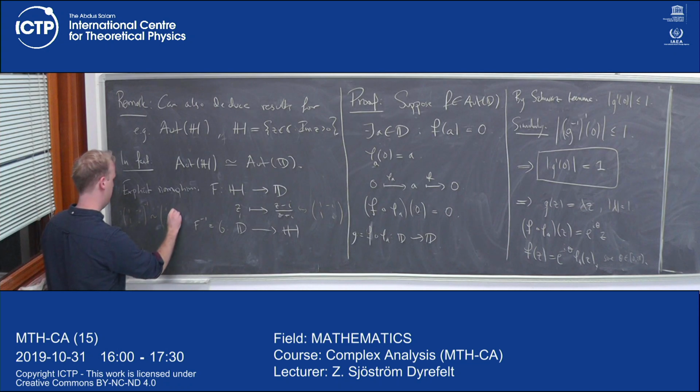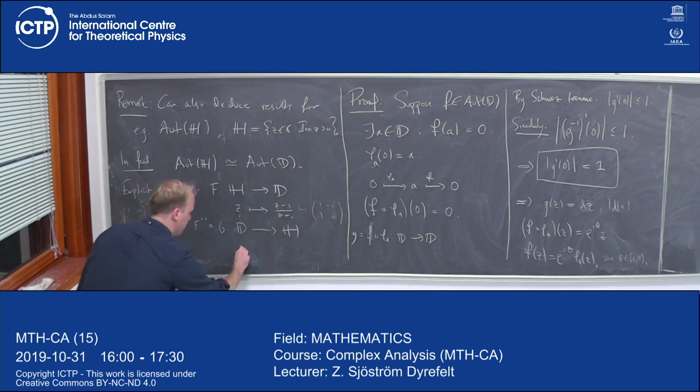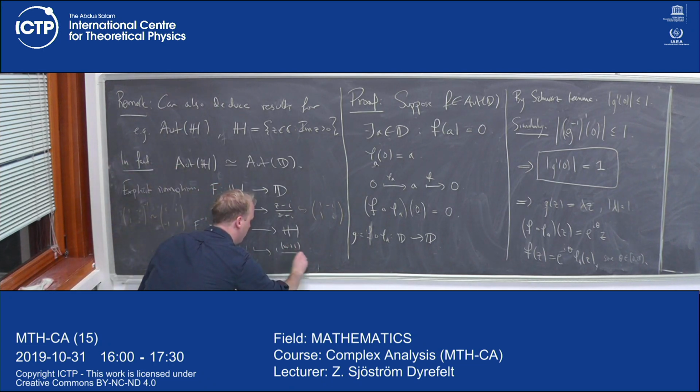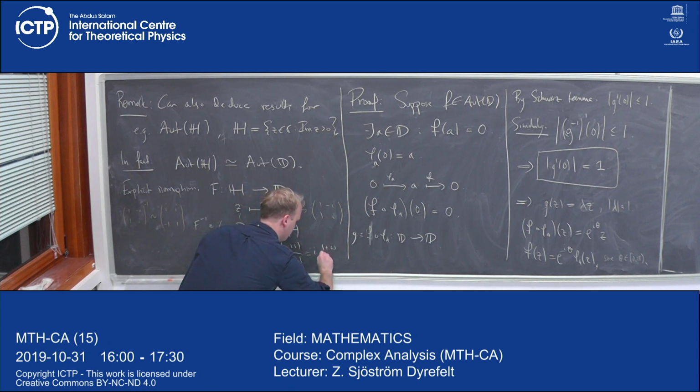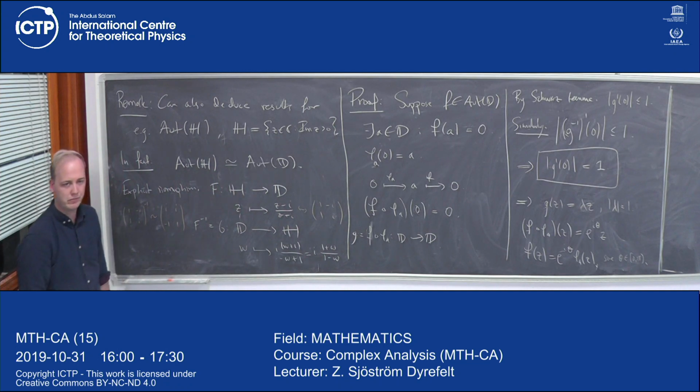So it's (i, minus 1; minus 1, 1). So it means what I should write here is w goes to i times w plus 1 over minus w plus 1, which looks much more beautiful if you write it like that. So this should be the inverse.